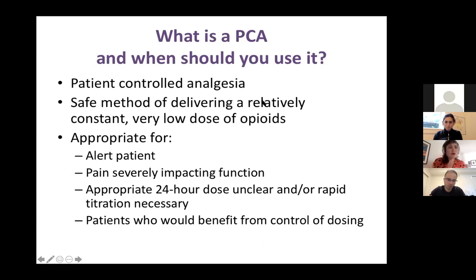Does methadone work well for acute pain? Methadone has a little bit more efficacy in neuropathic pain than other opioids.